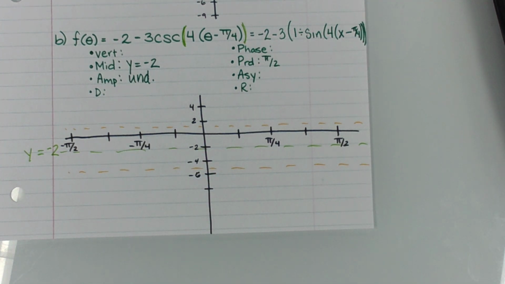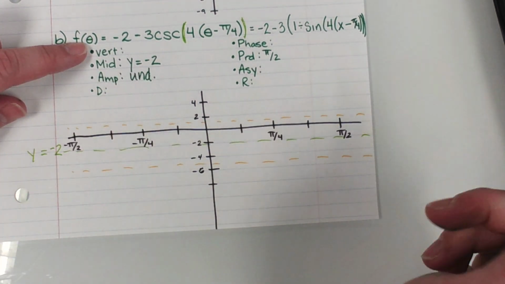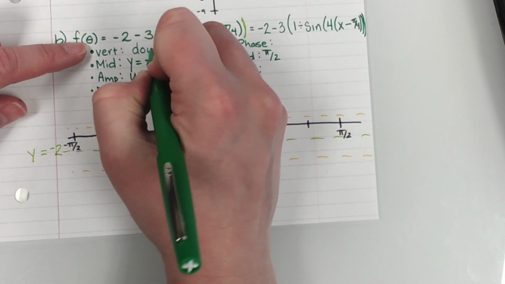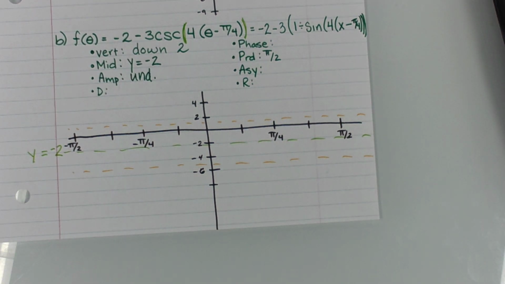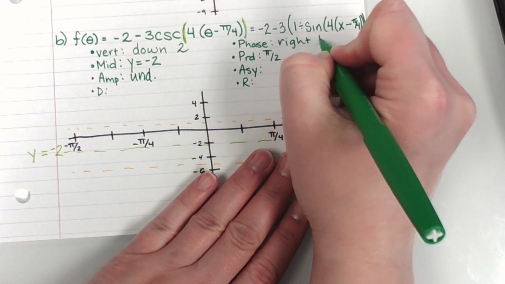Remember, amplitude is always a positive, but it's undefined for anything other than sine and cosine. Was there a vertical shift? The midline was at -2. How did it shift vertically? Down 2. Calculator is not going to tell you the phase shift. So if the only thing you know how to do is type it into a calculator, you're not getting anything out of that. What is our phase shift here, though? Right, pi over 4.